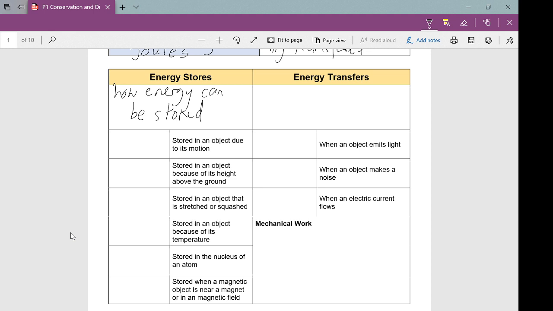And when energy transfers from one object to another, or from one object to the environment, whenever energy gets transferred and leaves an object, then we get energy that can be transferred. How energy can be transferred.